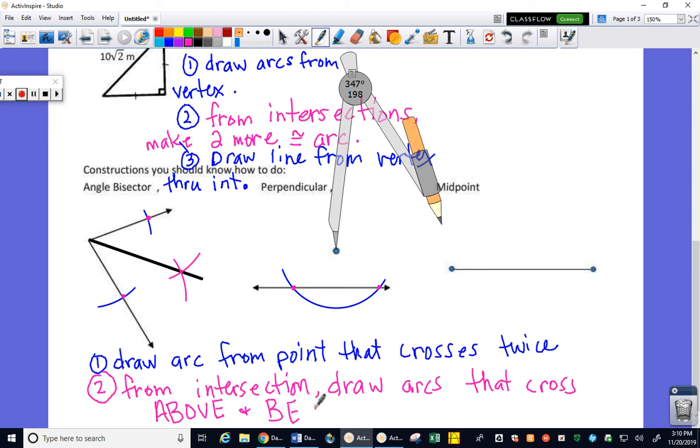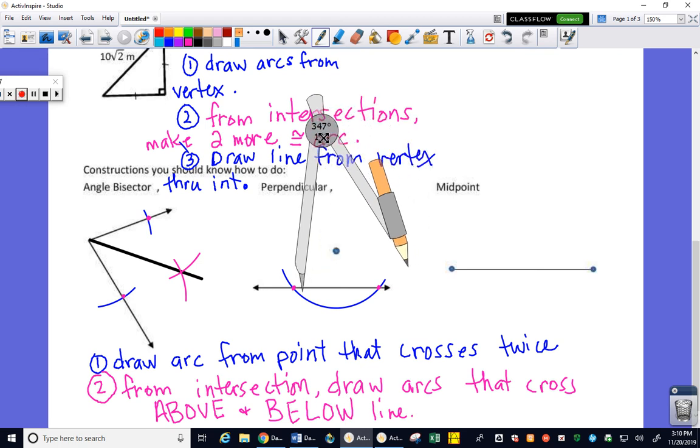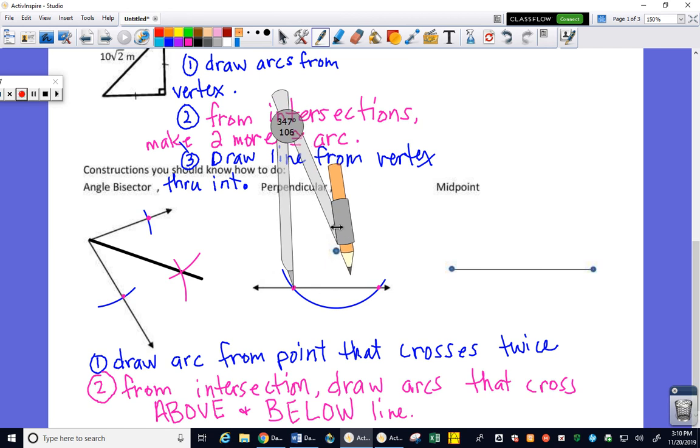So we're putting an X on top and an X on bottom. We move our needle to this point, make it a little bit smaller, make it this big right here.